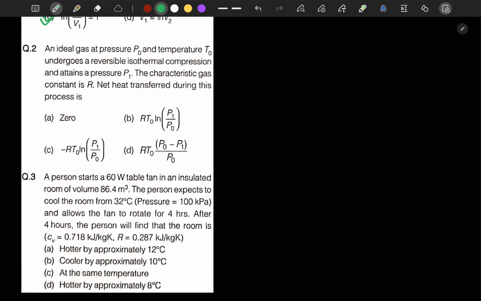An ideal gas at pressure P0 and temperature T0 undergoes a reversible isothermal compression and attains a pressure P1. The characteristic gas constant is R. The net heat transfer during the process is?